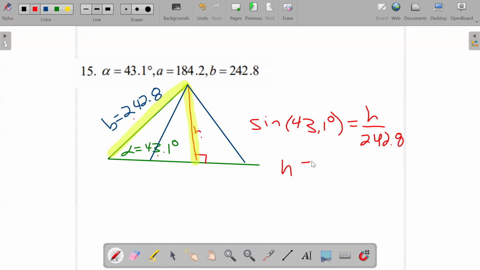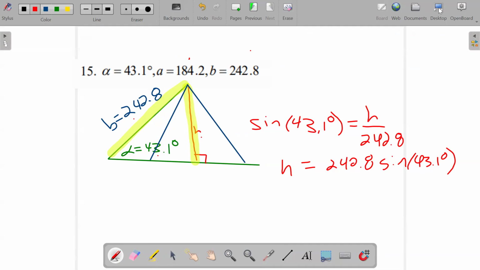That means the height must be 242.8 times the sine of 43.1 degrees. For sure, I can see that my other side A is smaller than side B. If it's also bigger than the height, then I have two possible triangles to make.